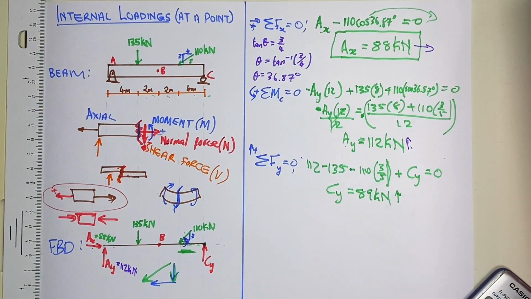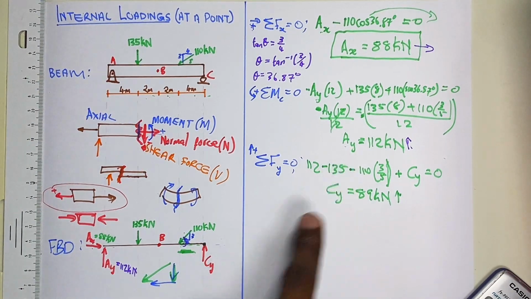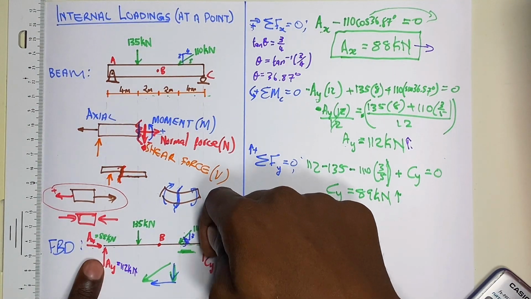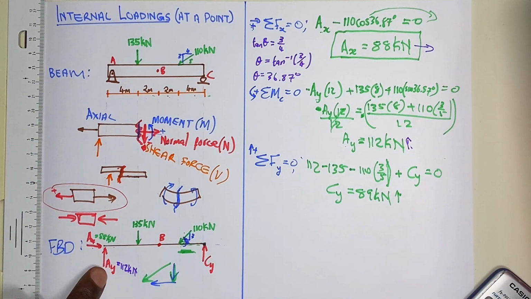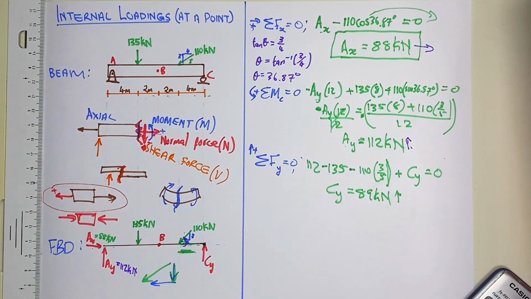Now intuitively you can see from our diagram that it makes sense why CY and AY are acting upwards, because if it was acting downwards and only AY was acting upwards, it would cause rotation, and that is not what we are looking for.